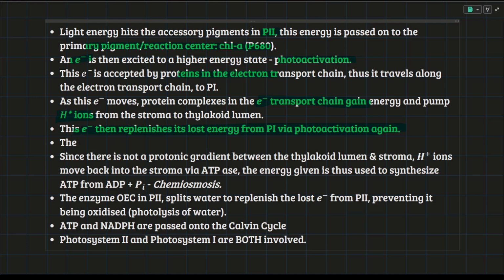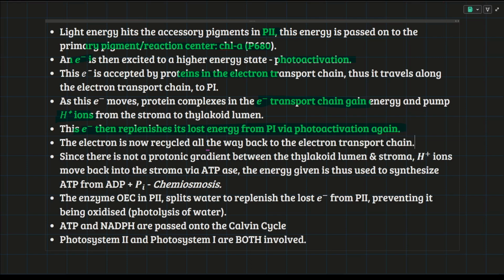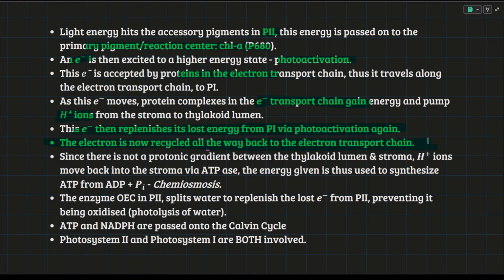Instead, the electron is now recycled all the way back to the electron transport chain. That is one of the defining features of cyclic photophosphorylation.